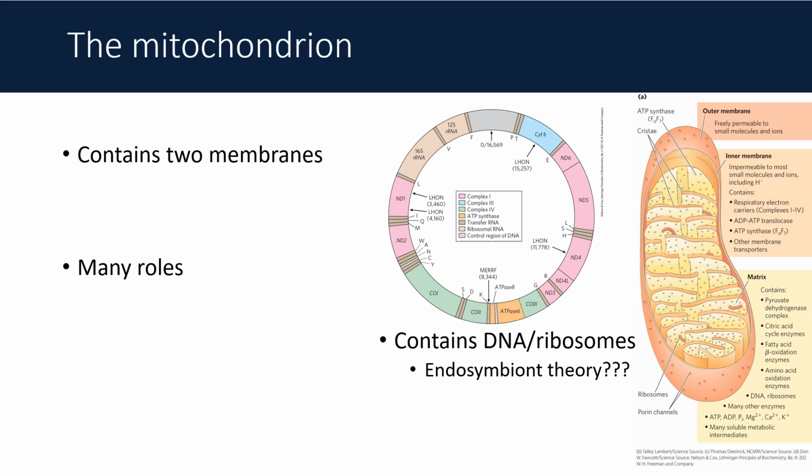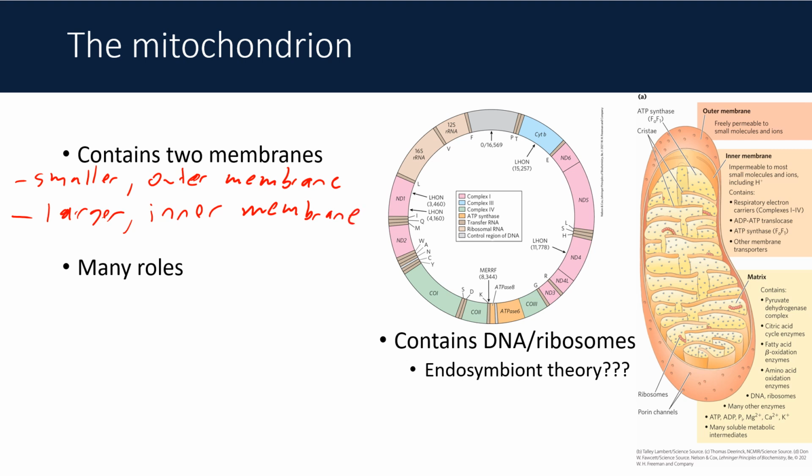There's going to be a smaller outer membrane, and almost paradoxically, there's going to be a larger inner membrane. Yes, it is bigger on the inside, and that is not a typo or a mistake.